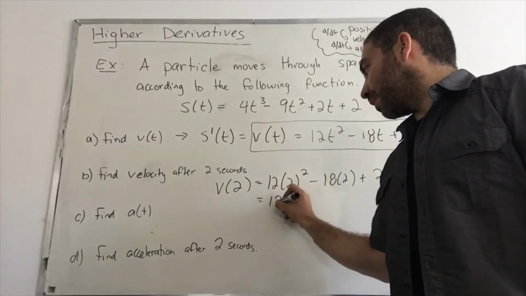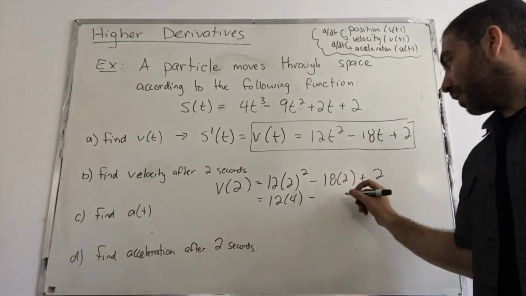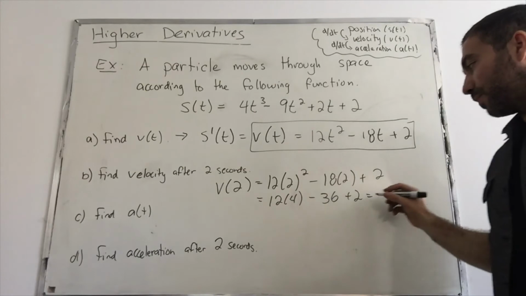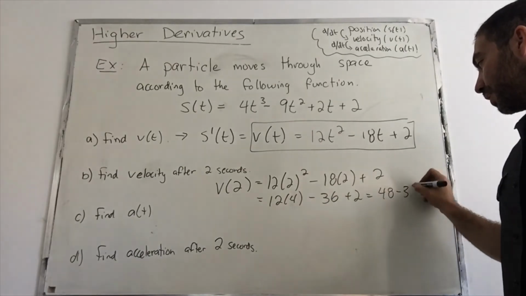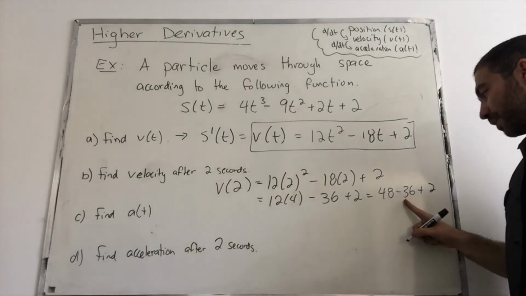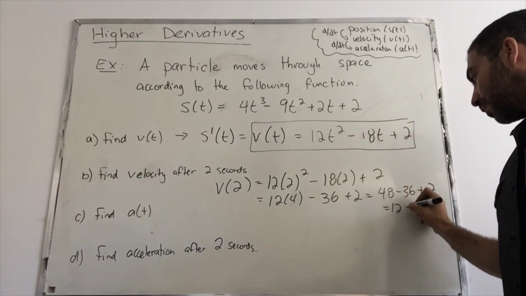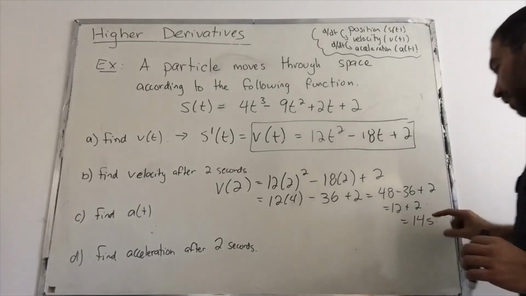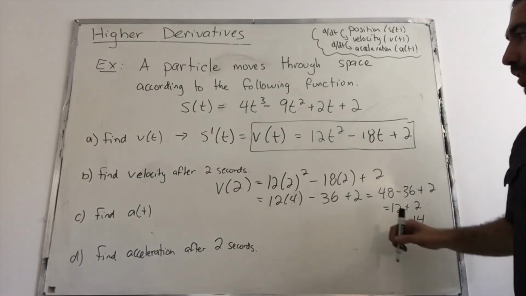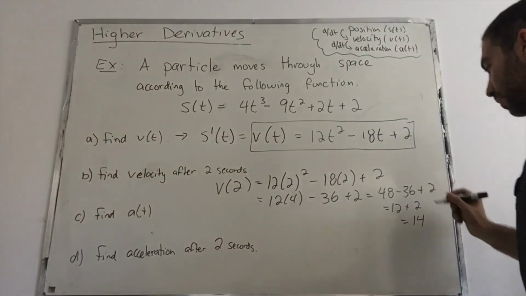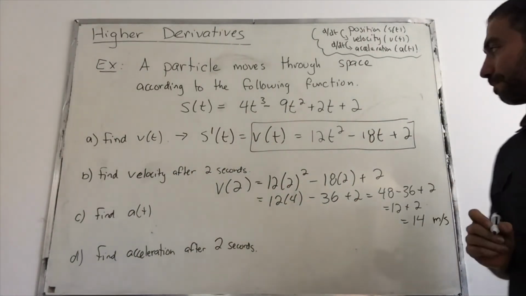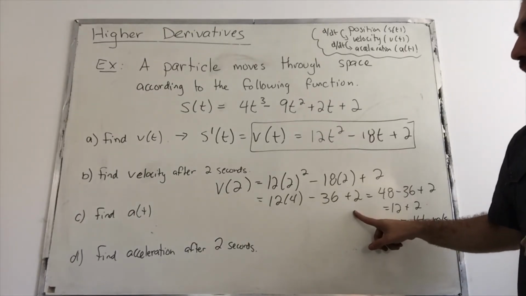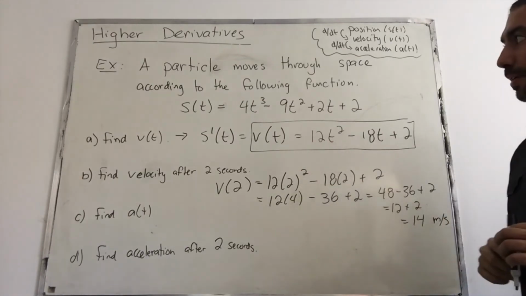This is 12 times 4 minus 18 times 2, which is 36, plus 2. 12 times 4 is 48, minus 36 plus 2. 48 minus 36 is 12, plus 2, giving us 14. Oh sorry, not seconds. This is the velocity, so the units would be meters per second. Let's assume it's in meters.